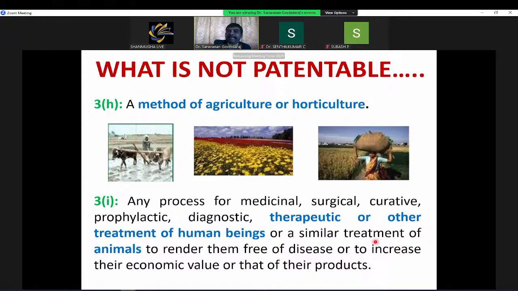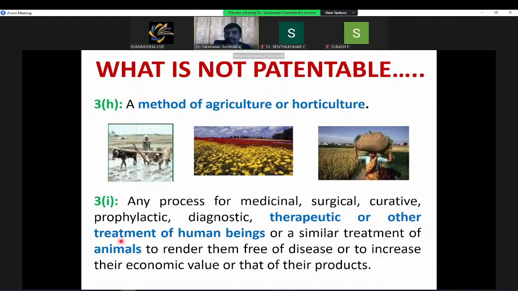And any process or medicine, surgical, curative, or therapeutic or other treatment of human beings, not only human beings, but it is similarly applicable to all other animals also. So that medicinal process cannot be patented.